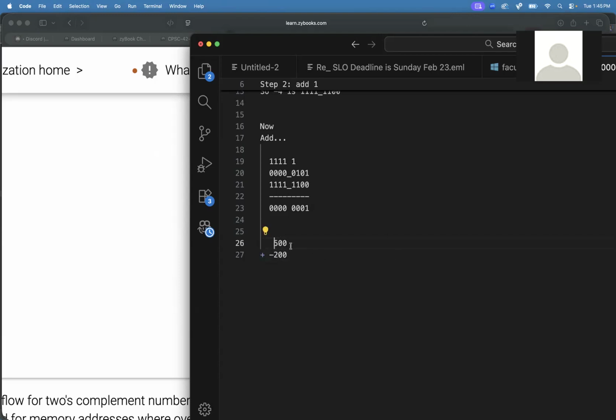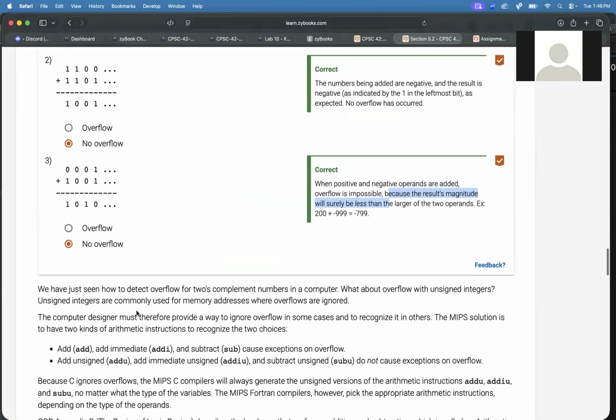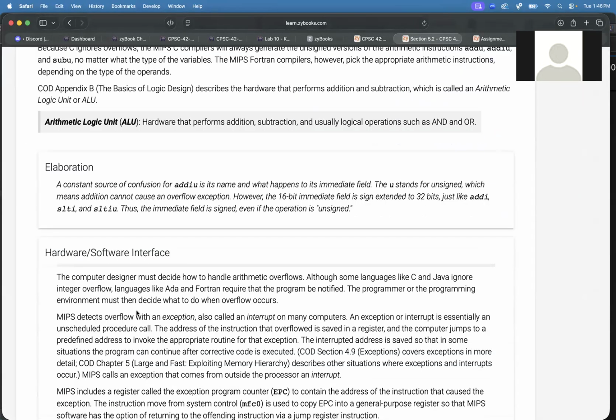You don't have to worry about how big the result is, because when you do 500 minus 200, you always end up with a number whose magnitude is between 500 and 200, right? You can't end up with something bigger than 500, and you can't end up with something smaller than negative 200 because the signs are opposite. So they'll cancel each other out partially. So you can't possibly overflow in that case. Okay.